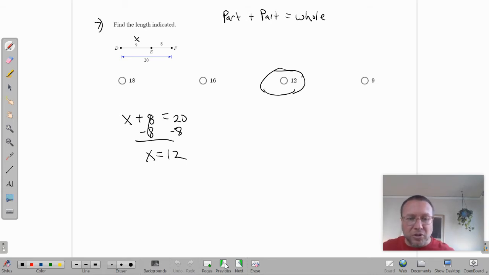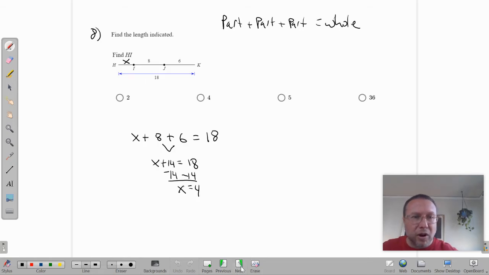Back when I was double checking number 7, that was just find DE, segment DE, which was 12. Notice on this one, the answer we're looking for is find HI. Oh, okay. So yeah, that was the same thing on this one too. I think in the next one, we'll have one where we have to plug it back in. But this one was just 4. All right, so pause here, or we'll move on.